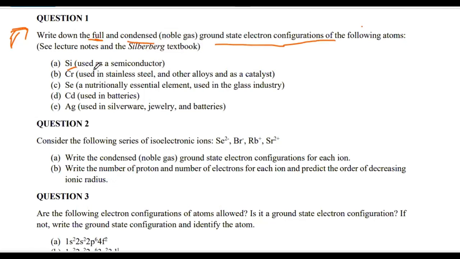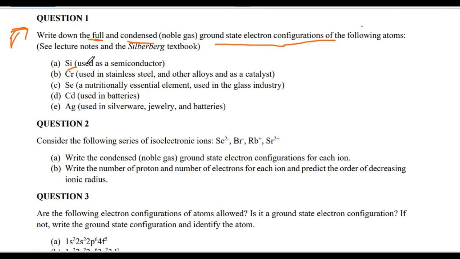So how are you going to find or represent the electron configuration of that silicon? You represent it by first counting the number of electrons that this silicon has, and that number of electrons, you just distribute them in those orbitals that we had.